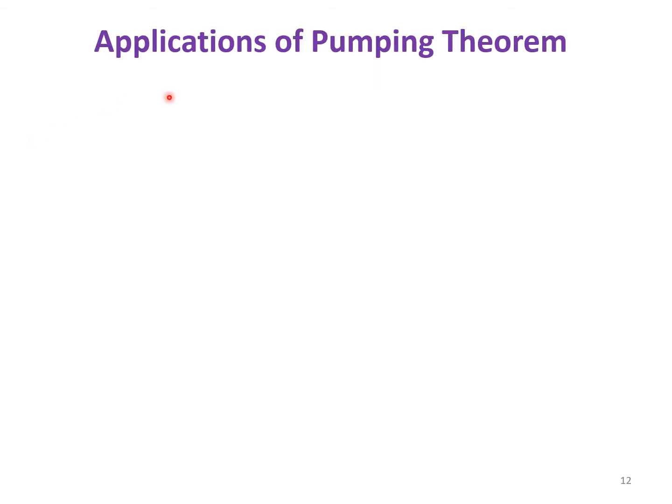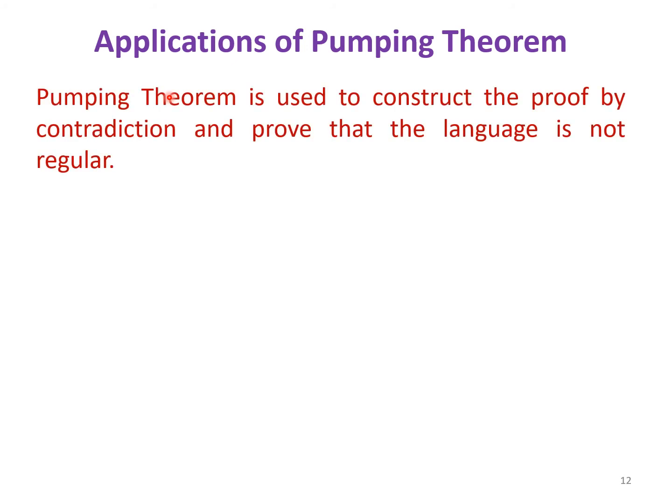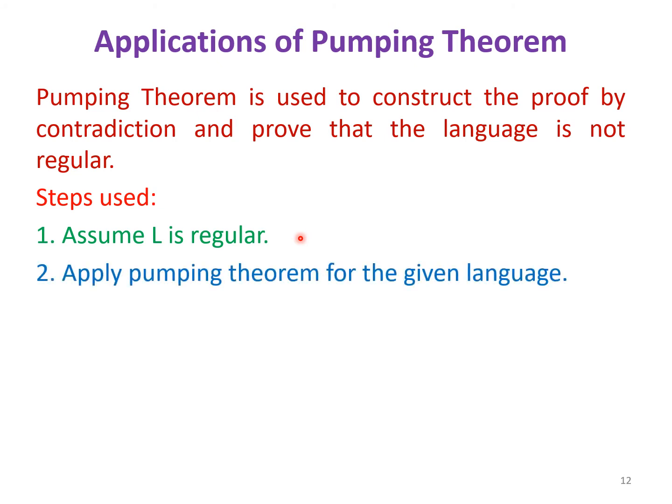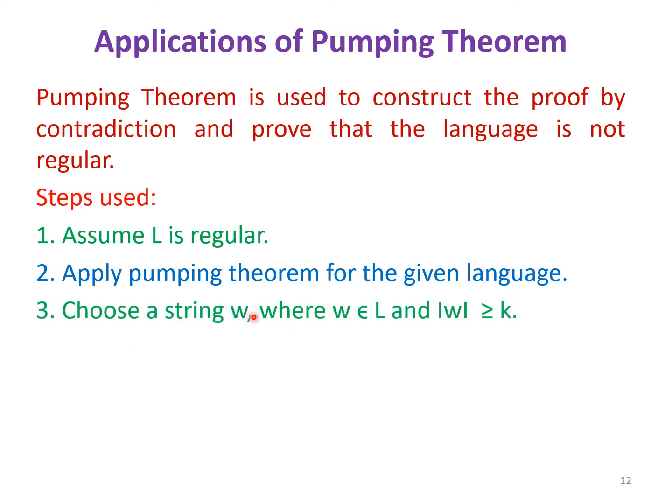So let's see the applications of the pumping theorem. The pumping theorem is used to construct a proof by contradiction and prove that a language is not regular. The steps used are: first, assume that the language is regular. Then apply the pumping theorem for the given language. That is, choose a string w which belongs to the language and whose length is greater than or equal to k.